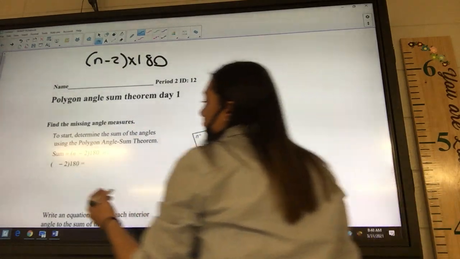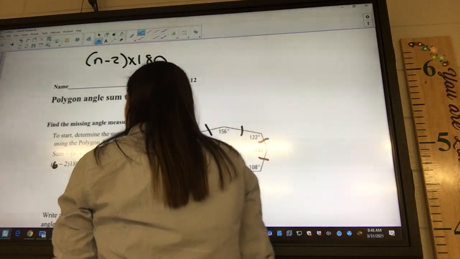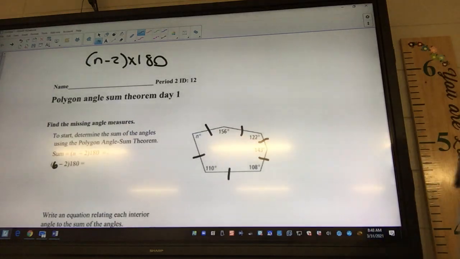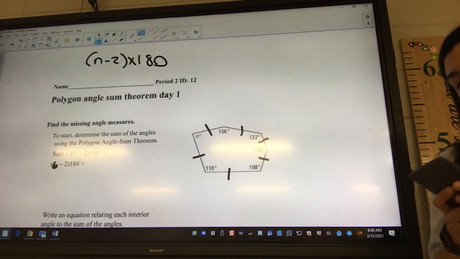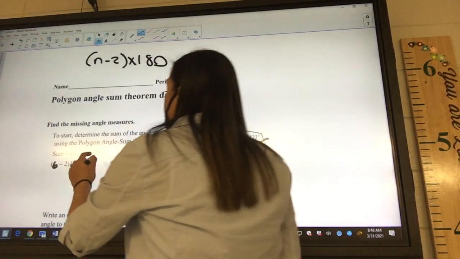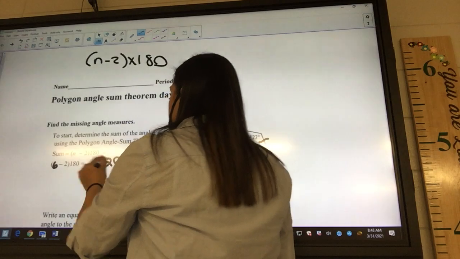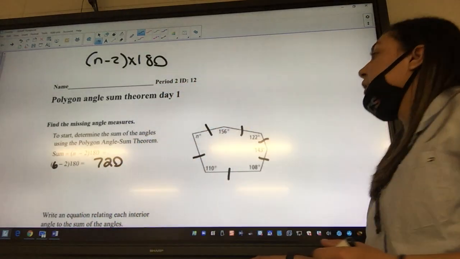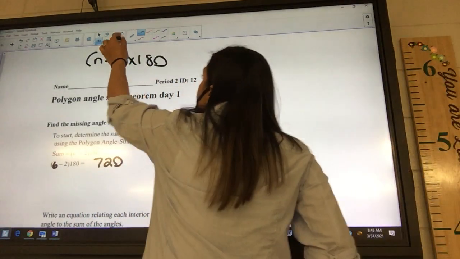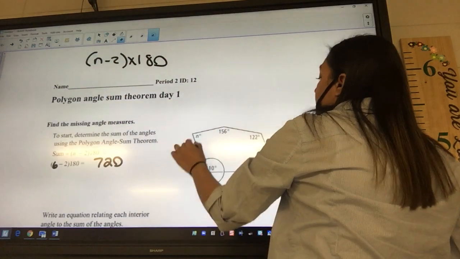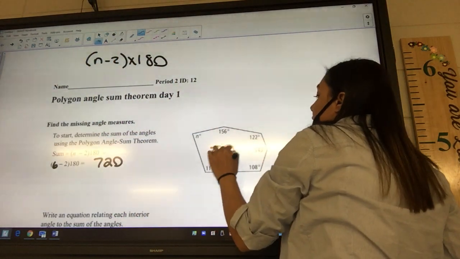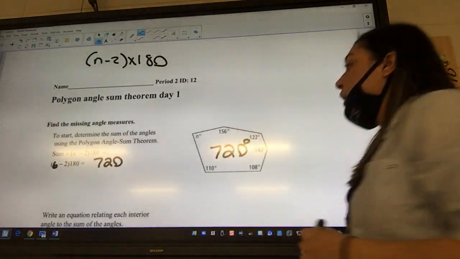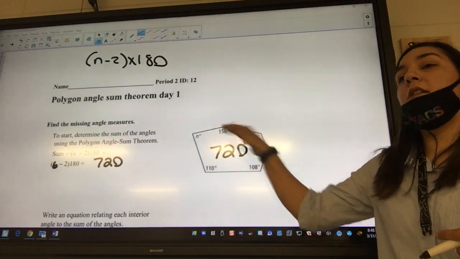Okay, so we can plug in 6 minus 2 times 180, and we're going to get 720. So this entire polygon's interior angles add up to 720 degrees, with this side, this side, this side, this side, this side.